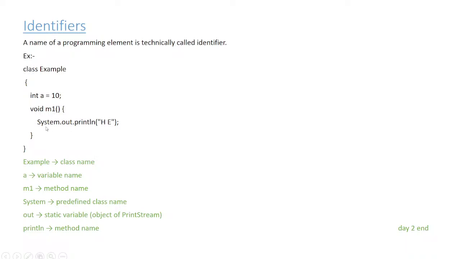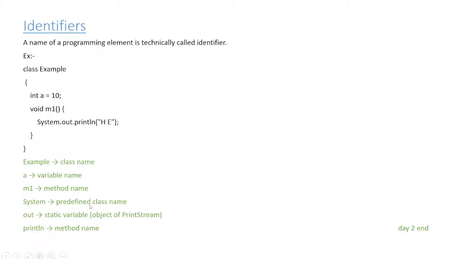And here in System.out.println, Example is one class name. System is also one class name. Right now I can't explain this one; I will explain it in the future, in the course of time, in the Eclipse IDE I will show this. System is already one class, a predefined class name actually.